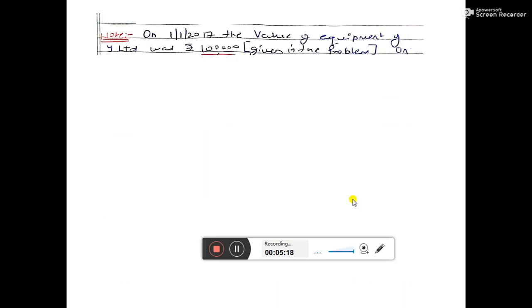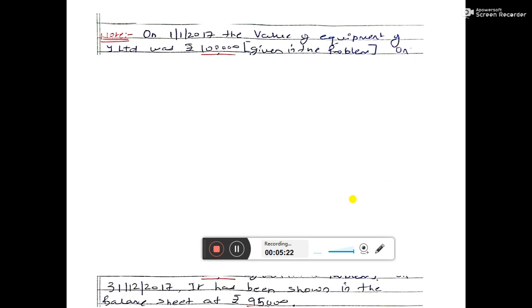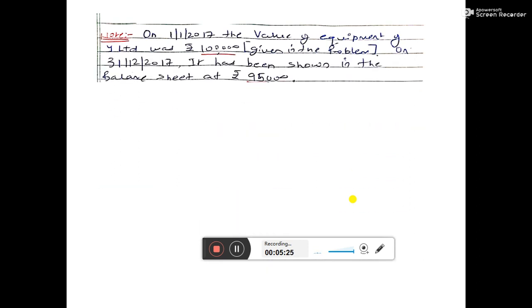Before the working notes, I will give you a separate note for the adjustment of revaluation of asset. In the problem, it is mentioned that on 1st January, the value of equipment of Y Limited was rupees 1 lakh. On 31st December 2017, it has been shown in the balance sheet at rupees 95,000.